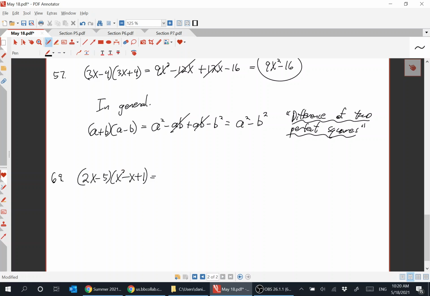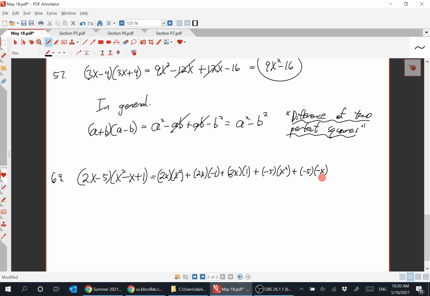All right, so 2x times x squared. So every term in the first times every term in the second. So let's write it out fully. Not because I want you to write it out in as much detail, but just in case you would like to see the detail at this point.